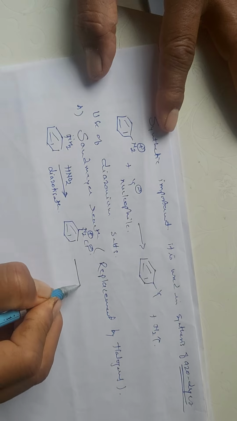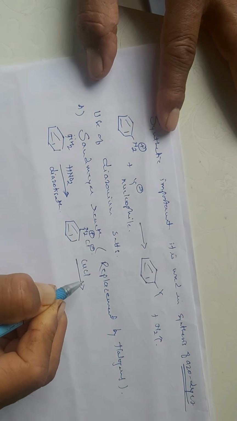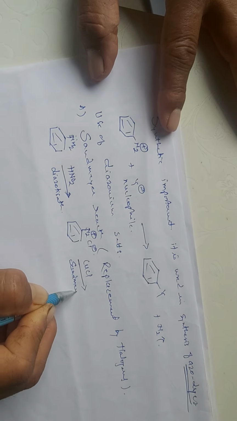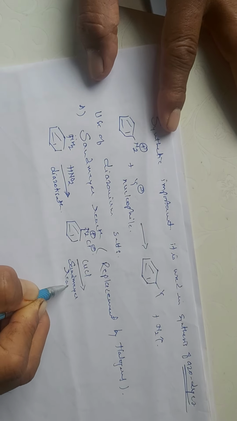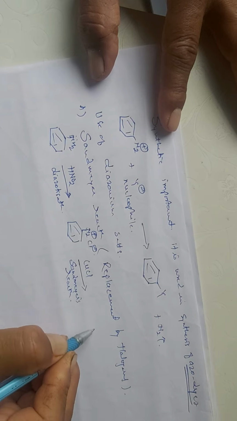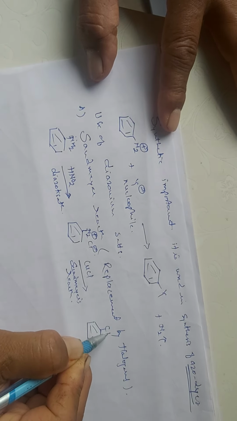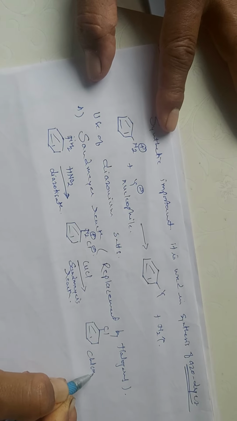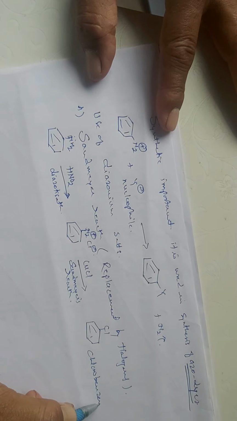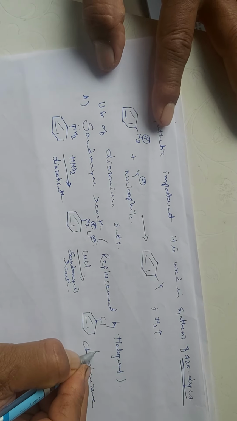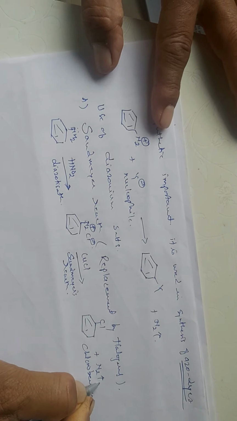And this diazonium salt on reaction with cuprous chloride or cuprous bromide, which is called your Sandmeyer's reaction, gives you the formation of chlorobenzene. And so the aryl chlorides or aryl bromides are prepared, and here the nitrogen is set free.